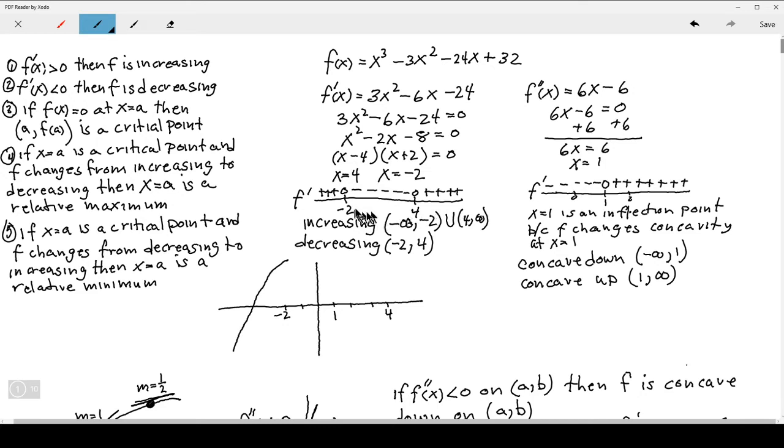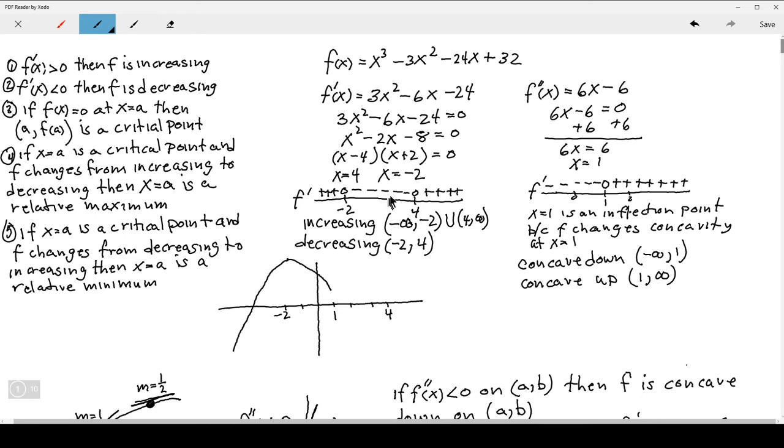Okay, and it's going to decrease, but it's also going to stay concave down because it's concave down all the way up to 1. All right, so it's going to turn around here and it's going to start to come back down to someplace here, let's say, and it's going to keep that concave down shape. At 1, it goes from being concave down to being concave up.